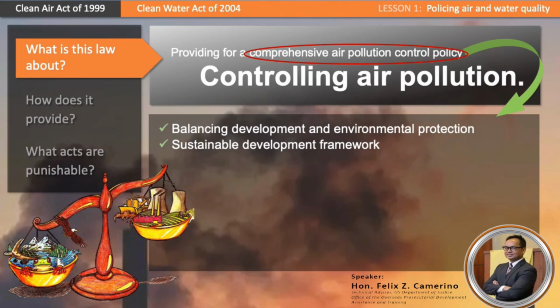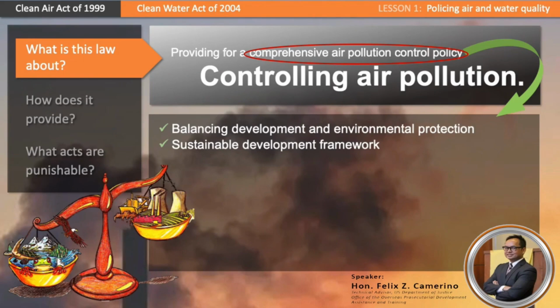I presented these two bullet points together because they really speak to the same thing, which is sustainable development. The first one, balancing development and environmental protection, is really a means to attain sustainable development.